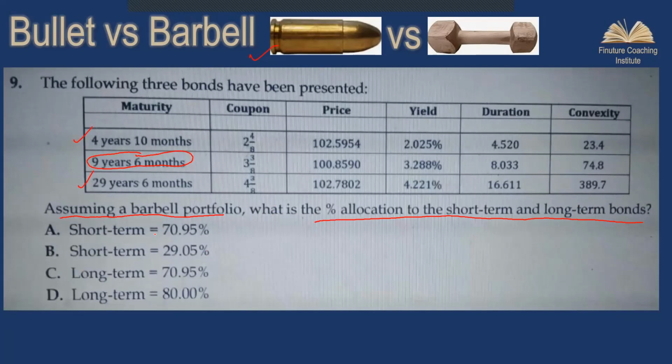Given is the barbell strategy, so we will invest in this bond and this bond, that is the short end bond and the long end bond. You have been asked what percentage of your investment you will make in your short term bond, and there are options, so we will choose accordingly. Let's have a look at how we can solve it.